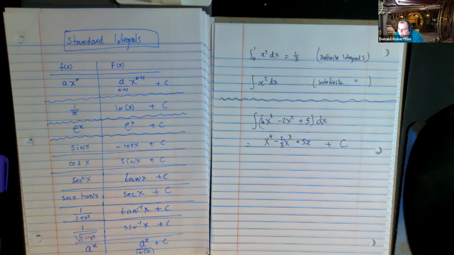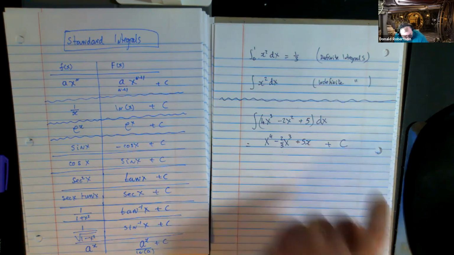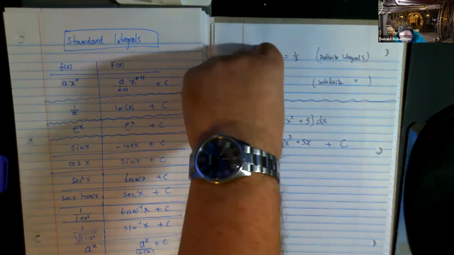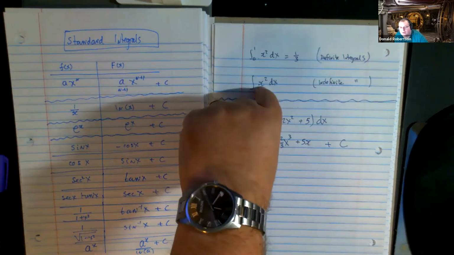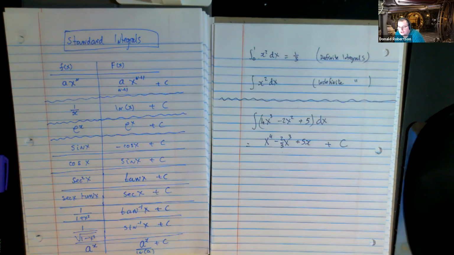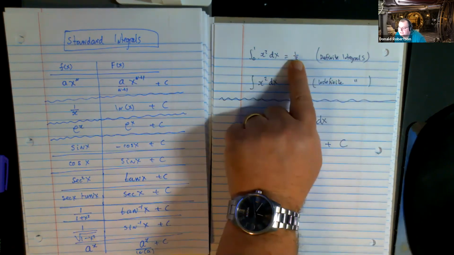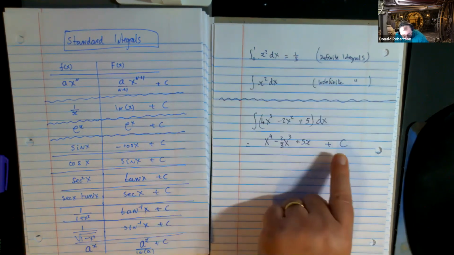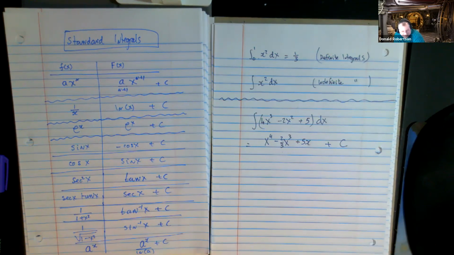Aren't you going to use power rules and all the good stuff? So what are they going to do to make your life more awkward? Well, they're going to mix and match them. So sometimes you're going to get this question and sometimes you're going to get that one. So you have to know when you get a number, when it's a definite integral, and when you stick a plus c, when it's an indefinite integral.